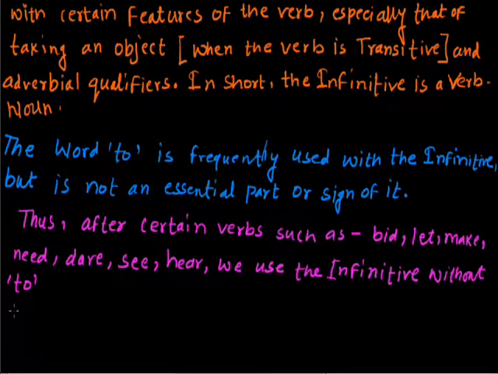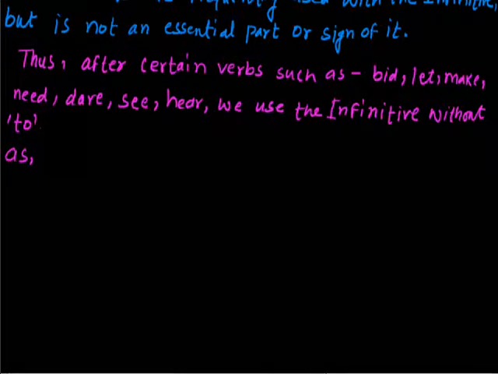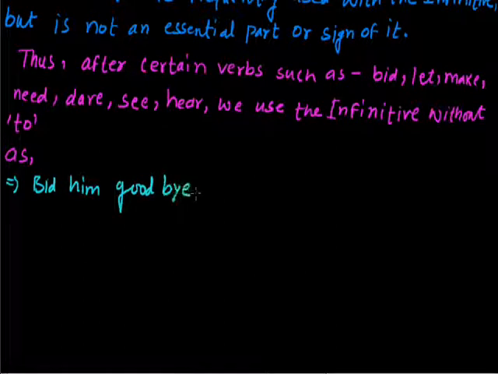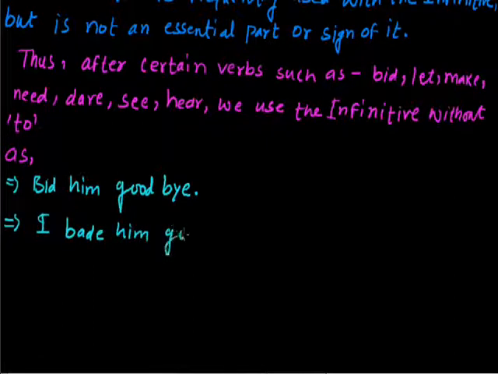For example, when I say, bid him goodbye, I'm not using "to" in this sentence. When I say, I bade him go, I'm not using "to" before the verb go.